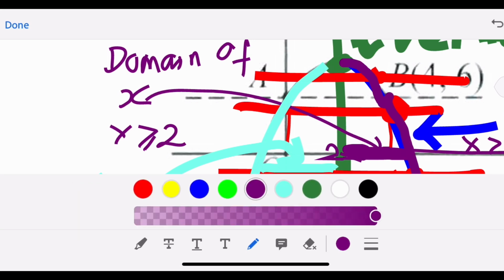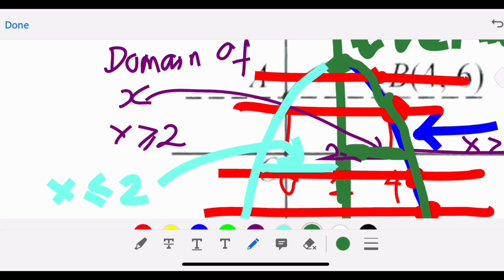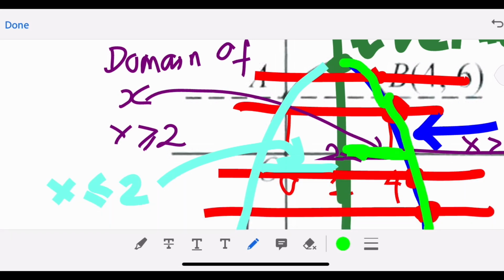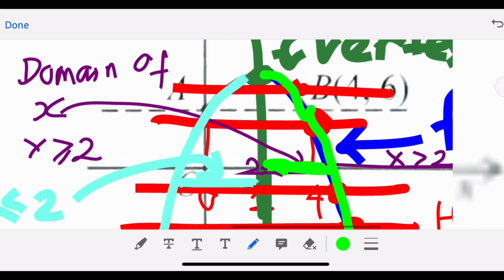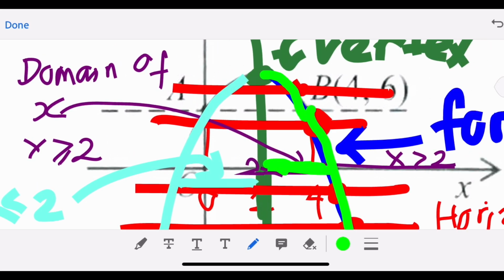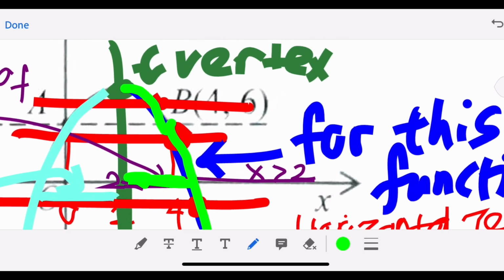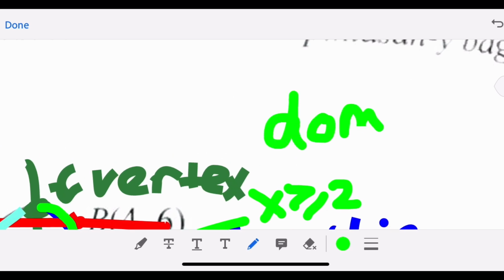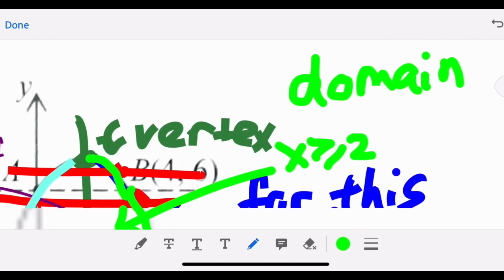So when we talk about function, the range always refers to the values of y, and the domain is always the values of x. So now for the domain of x, I must write x more than or equal to.